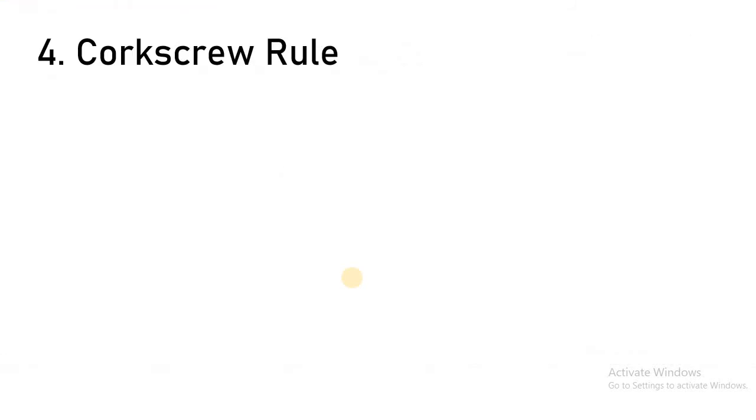That is the corkscrew rule. Now what is this rule? This is also very easy to understand and easy to remember. Just imagine that this white screen is my tabletop. I have a white tabletop, and I have taken a screw.